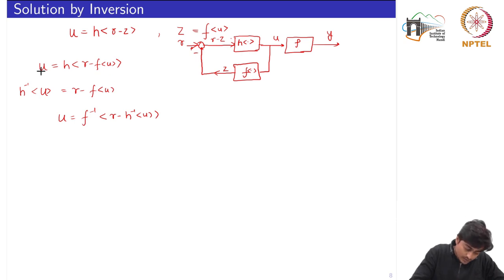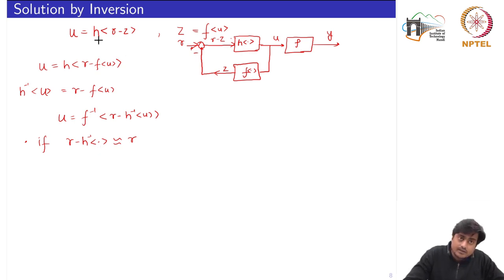Okay, so u was specified here. Now all these inverses we have done to compute this internal u. So first we would have the h inverse, r minus h inverse of u, and then finally the f inverse. Okay, now suppose this r minus h inverse of some function becomes equal to r. This is a very decent assumption. Why?